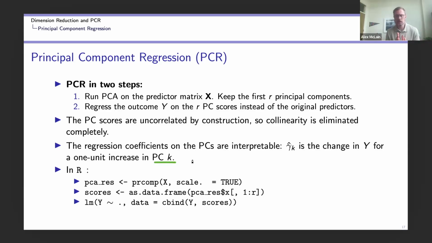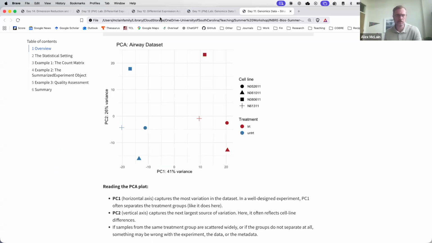So we can say, for a 1 unit change in the cardiovascular aging principal component, this is what we expect for the change in the outcome. So let's go to our NHANES data set.